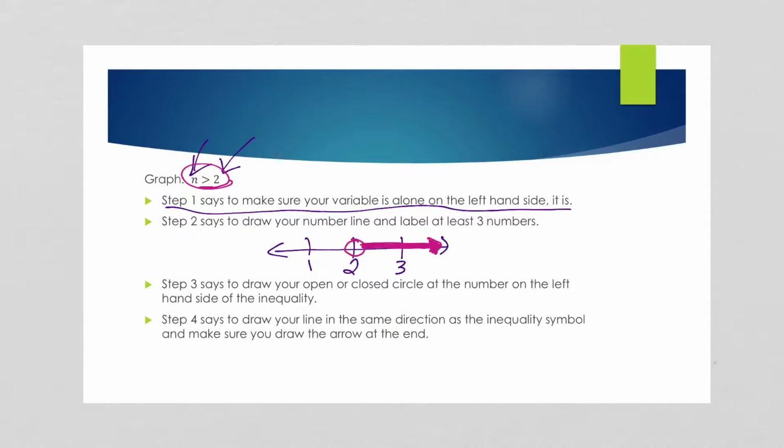So our possible solutions are, let's say, 2.001, that's a possible solution, all the way up to positive infinity, because this arrow means it goes on forever. So that line and the arrow represent all the possible things that n could be. The open circle means don't use 2, but use the decimals immediately to the right of the 2.